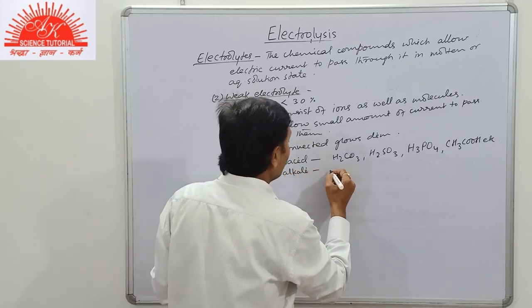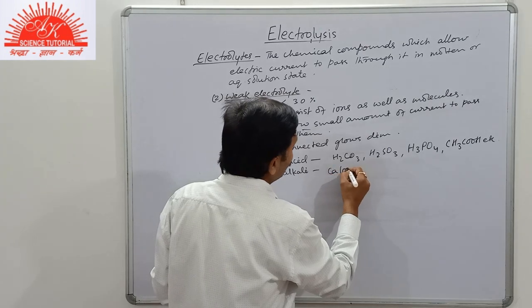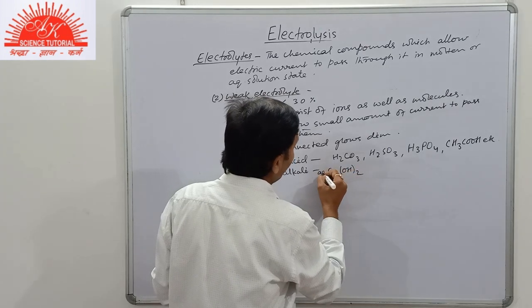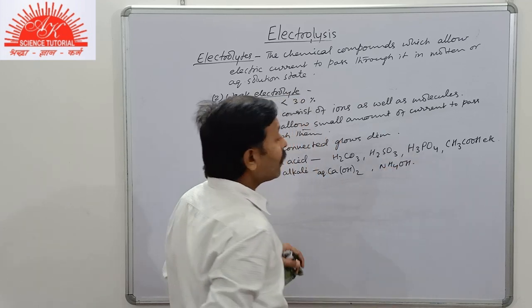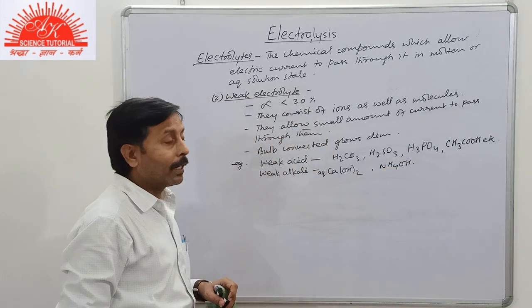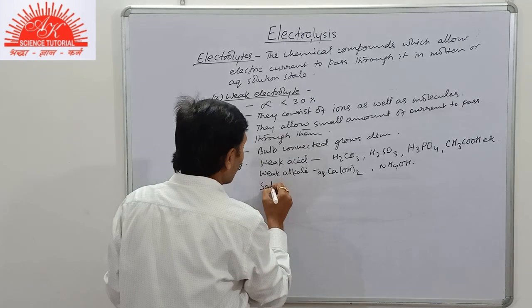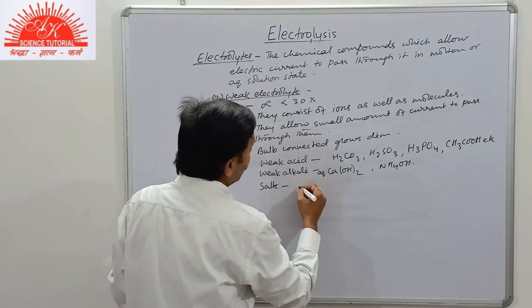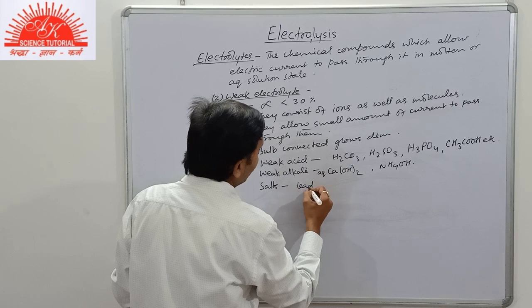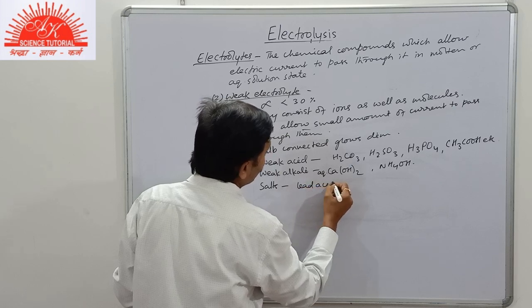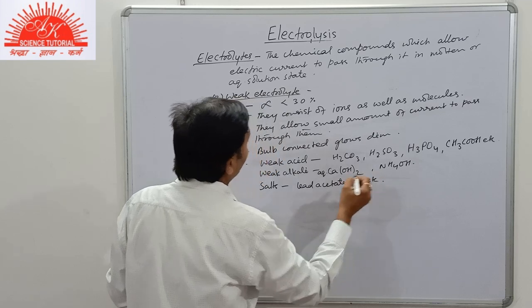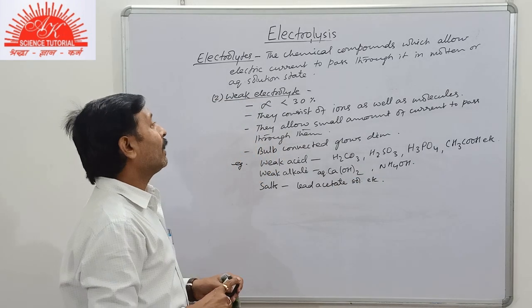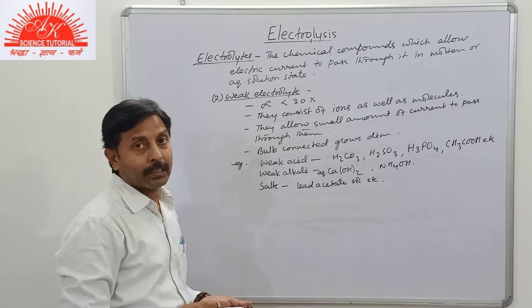Now here there will be Ca(OH)2 aqueous, NH4OH. These are weak alkalis. And some salts, like suppose there is lead acetate solution, etc. So these are weak electrolytes.